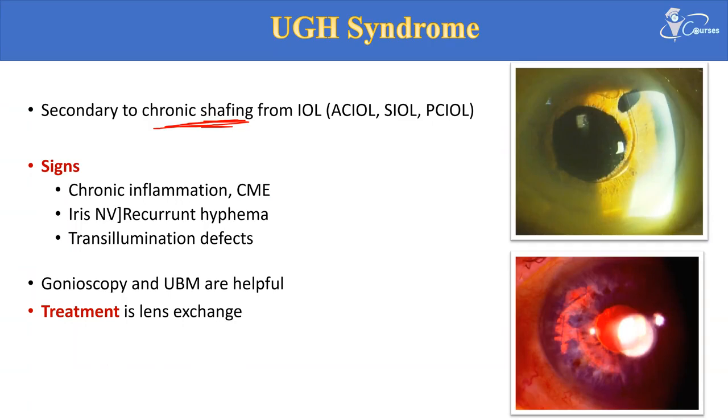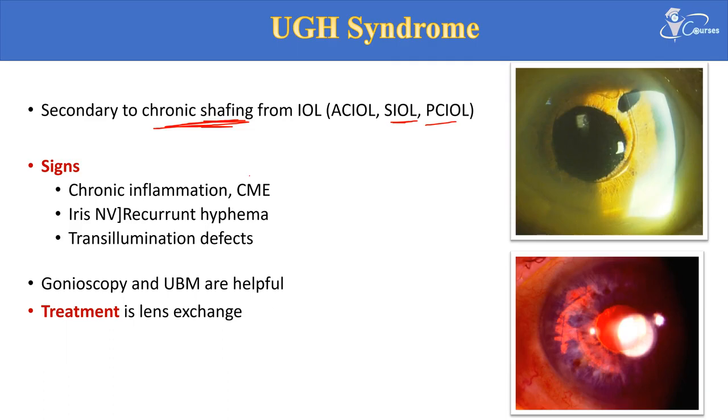This can happen with an anterior chamber IOL, a sulcus fixed IOL, or a posterior chamber IOL if the haptic is out of the bag, eroding the surface of the iris.